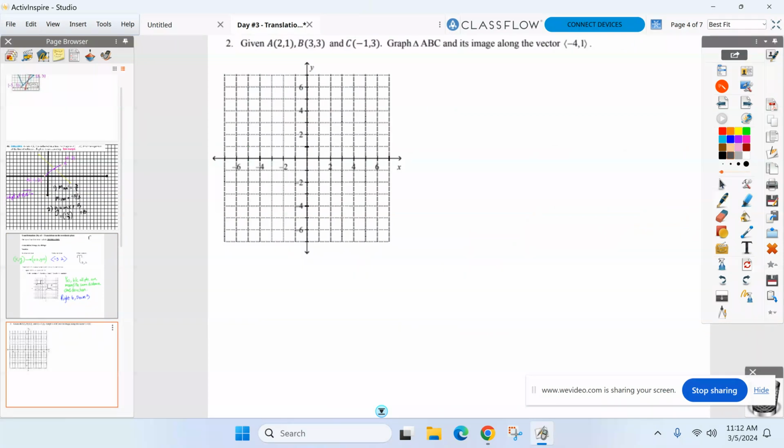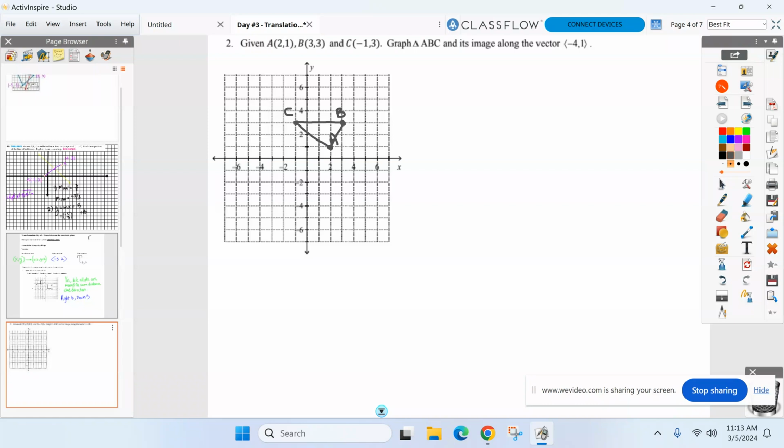I'm done venting. Let's graph triangle ABC, and graph it along the vector -4, 1.